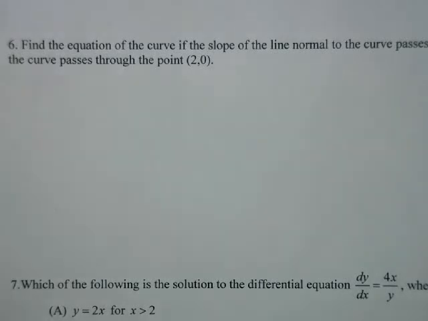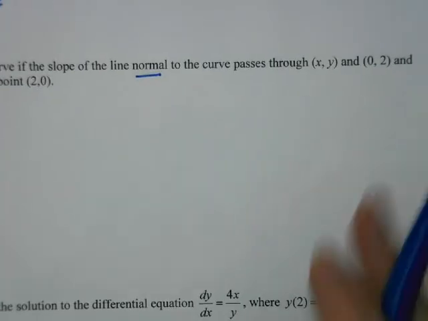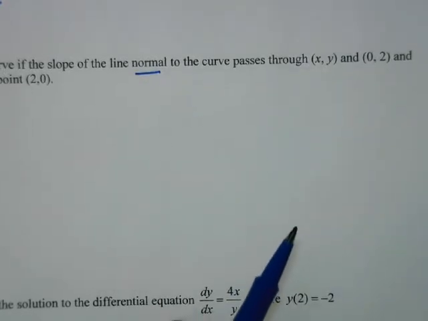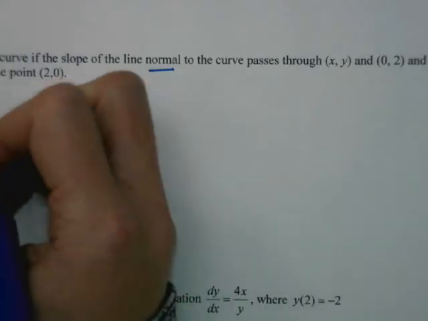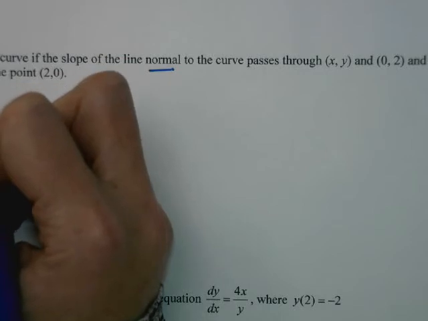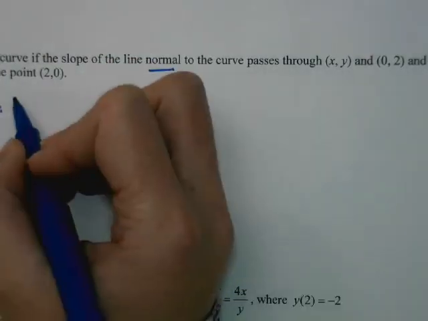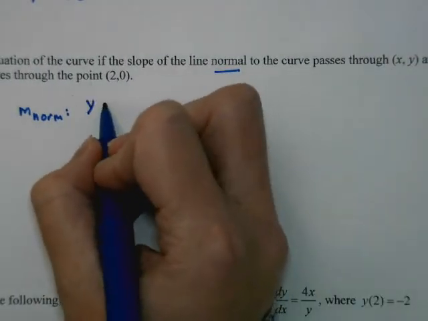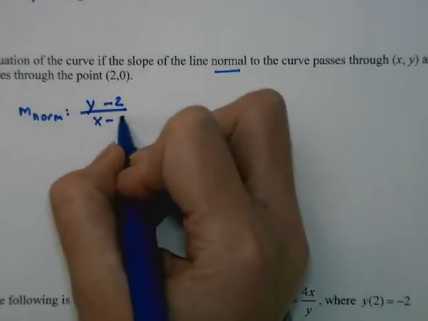Okay, our next problem says find the equation of a curve if the slope of the normal line passes through x, y, and 0, 2, and the curve passes through the point 2, 0. All right. So if the slope of the normal line is going to be, we'll just use the slope formula, so y minus 2 over x minus 0.